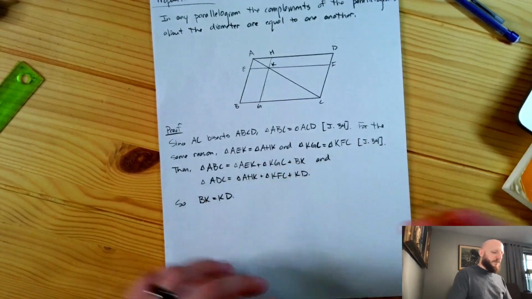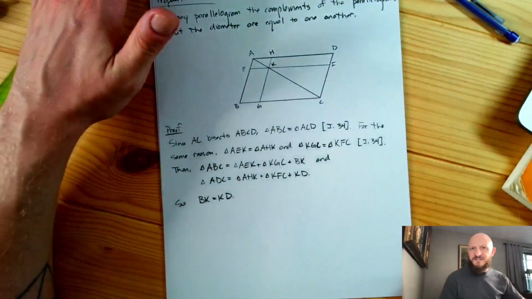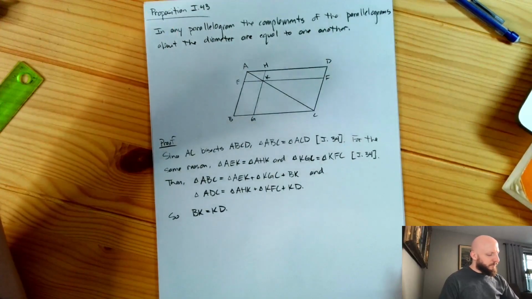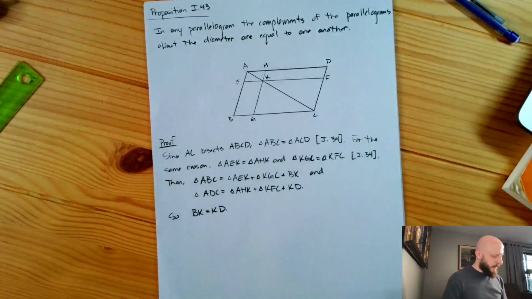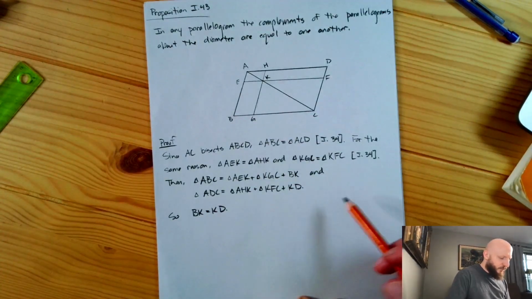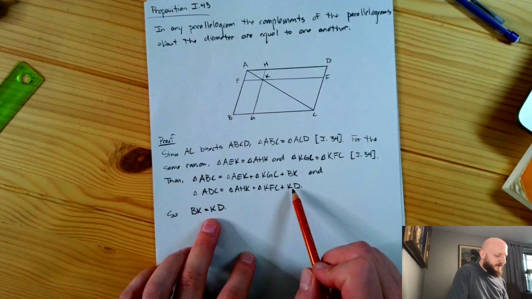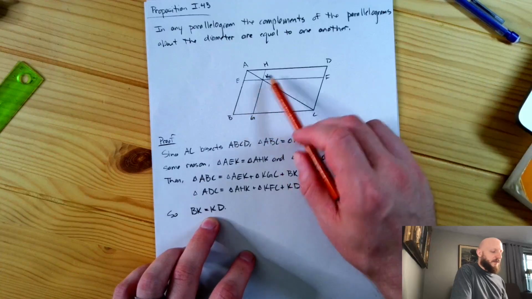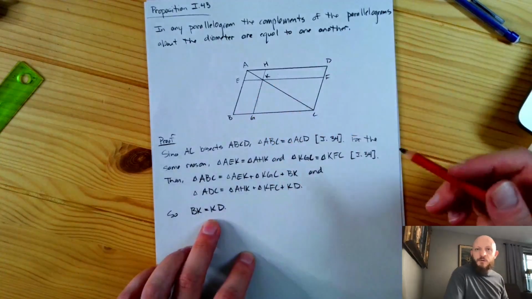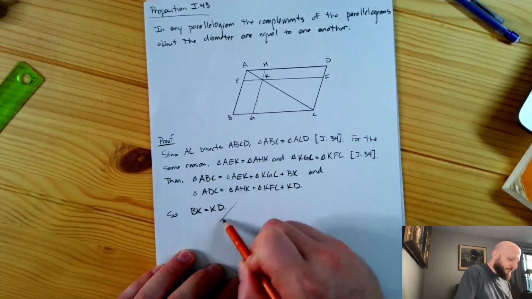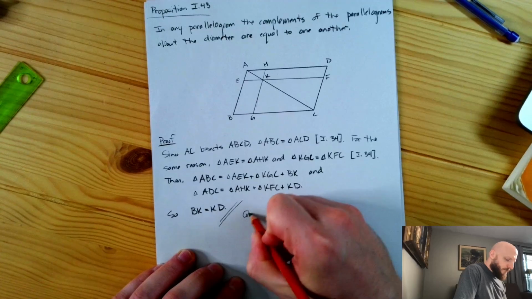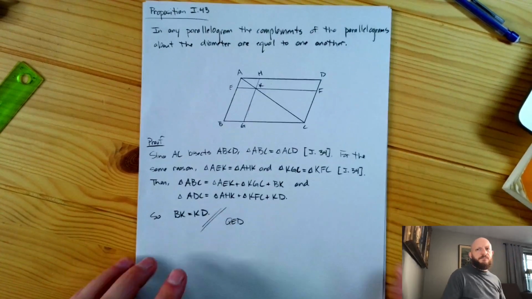And this is all just stringing some common notions together. Would it be common notion 1 and common notion 3 would be my guess, if I remember correctly. In any case, we get exactly what we were looking for, that BK is equal to KD, and we're talking about these two parallelograms. They have equal area. So that's what we wanted to prove. QED, therefore, etc.